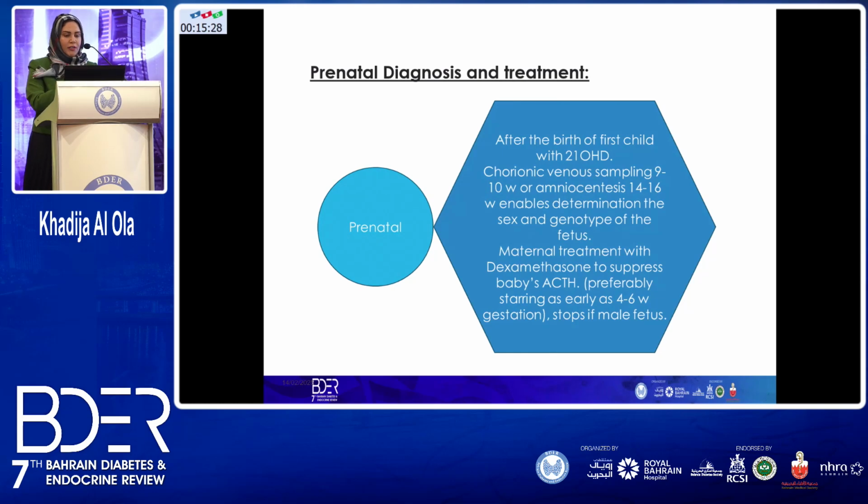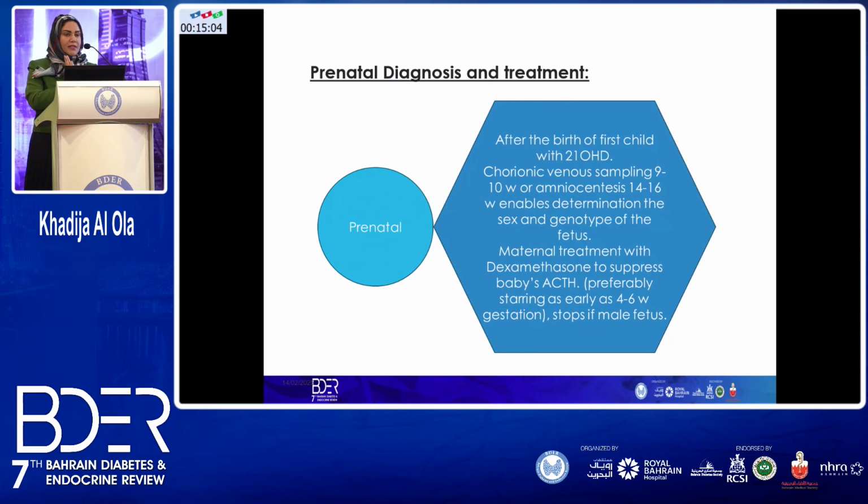For the next child, if the mother is pregnant, we will look at chorionic villus sampling in the first trimester between 9 to 10 weeks, or amniocentesis in the second trimester. This way, we can determine the genotype of the fetus and the sex of the fetus.